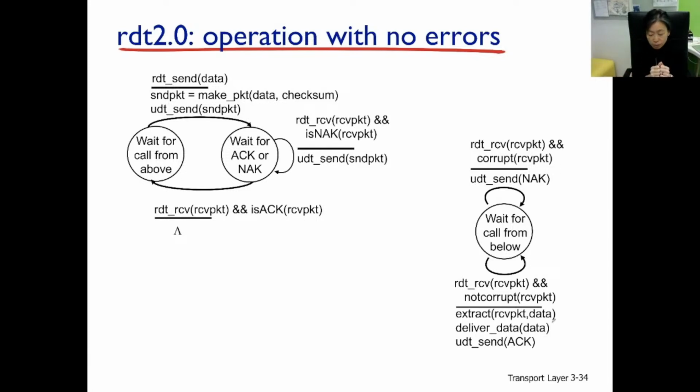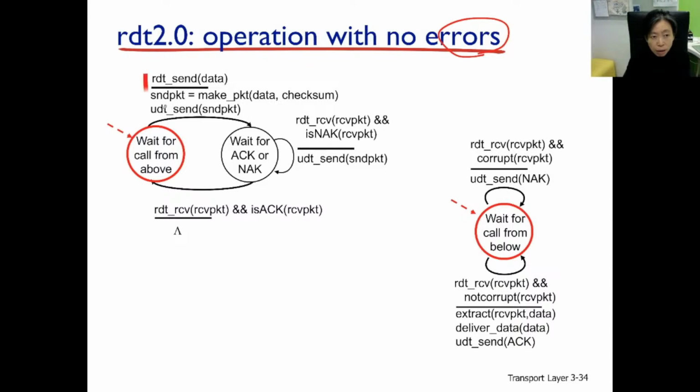So this is RDT 2.0. And this is an example showing that there's no bit error in the packets. Originally, the sender starts from the initial state, wait for call from above. The receiver here also starts here, wait for call from below.